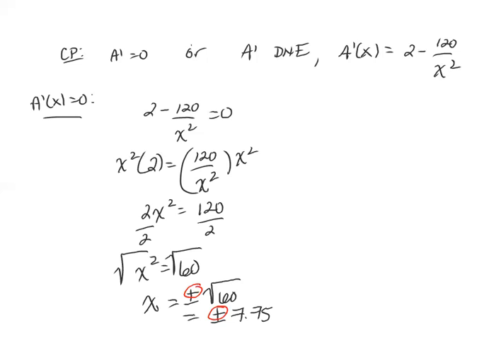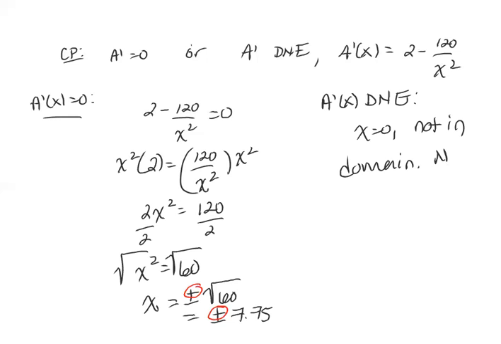I can note also what values make that derivative, A prime of x, not exist. This would be where x is equal to 0, but this is not in the domain. So I can disregard that particular critical point.